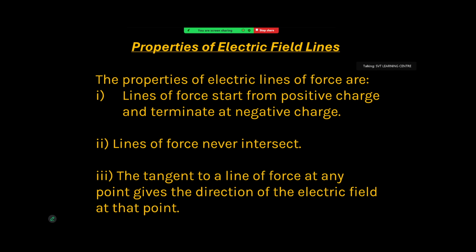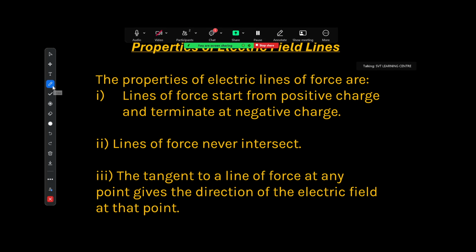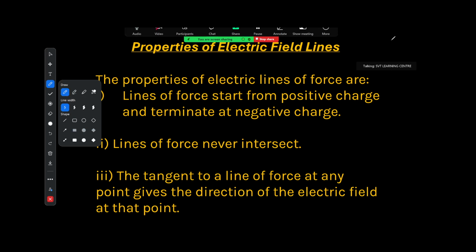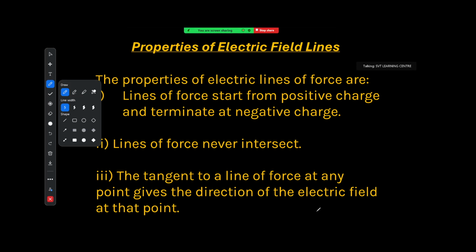Lines of force never intersect each other, for a very simple reason. If you take two electrical field lines and let us say that they do intersect, then what happens? Then the tangents to the electrical field lines will give us two electrical fields, and these two electrical fields will be simultaneously appearing at one point.